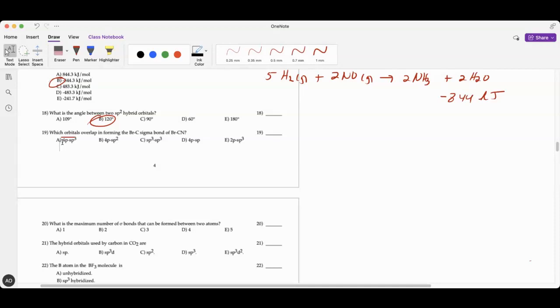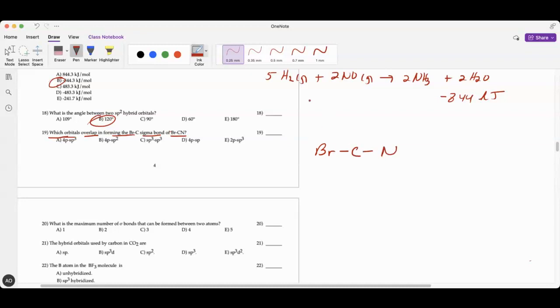Okay. So which orbitals overlap in forming the bromine carbon sigma bond of this bromine cyanide bond? So what you want to do is draw the Lewis structure.